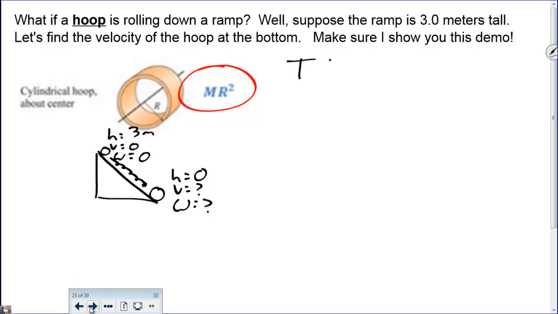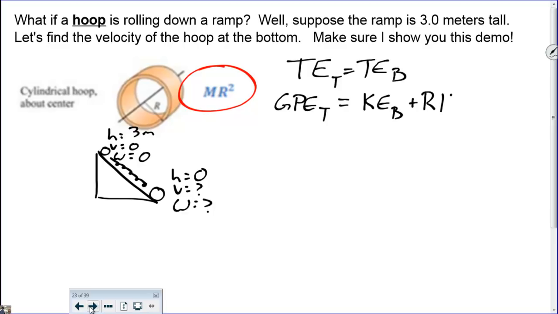So total energy at the top is equal to total energy at the bottom. That means we've got gravitational potential energy at the top, and at the bottom we've got kinetic energy and rotational kinetic energy.